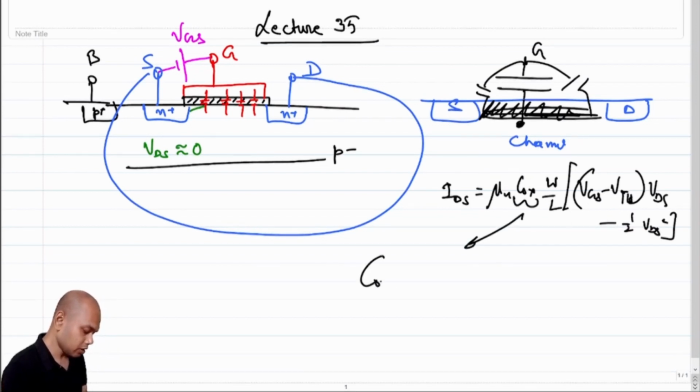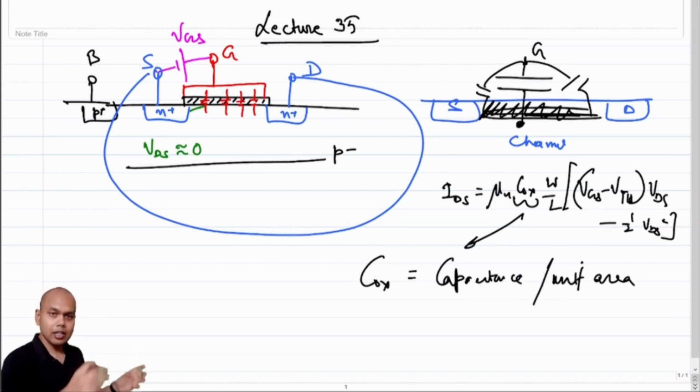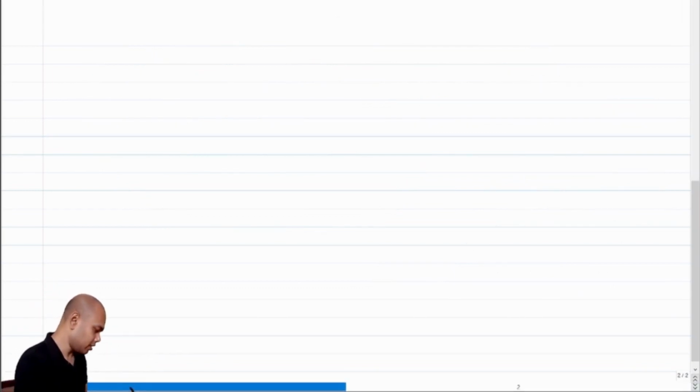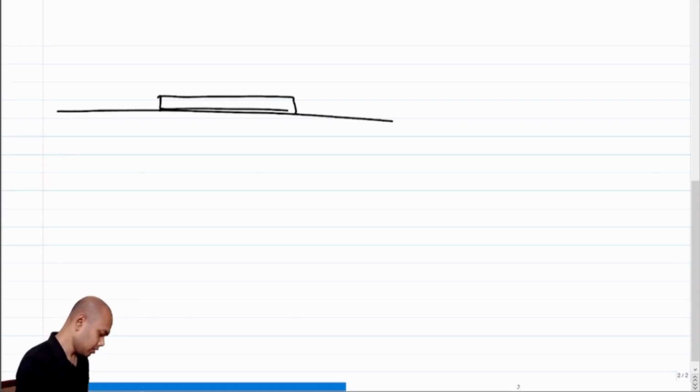This Cox is capacitance per unit area. Which area? It is the total area of the gate, right? So if I sketch the gate area, right?